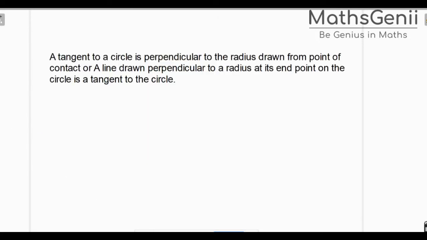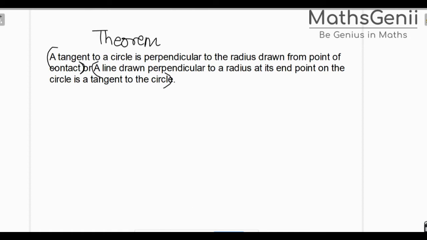Okay, now this is your proof. It can come in two ways. What is the proof? A tangent to a circle is perpendicular to the radius drawn from the point of contact. Okay, let's look at this. This also means the same, but we'll look at the first sentence. This is your theorem.